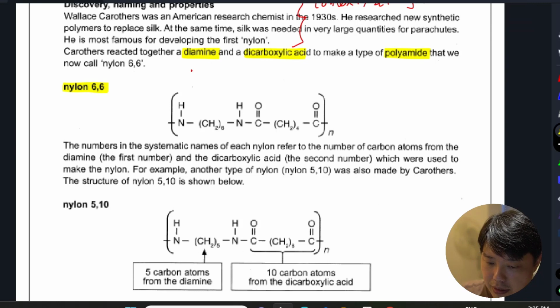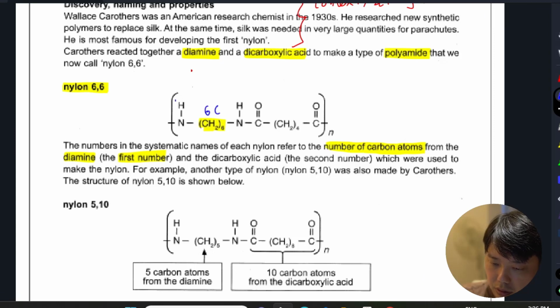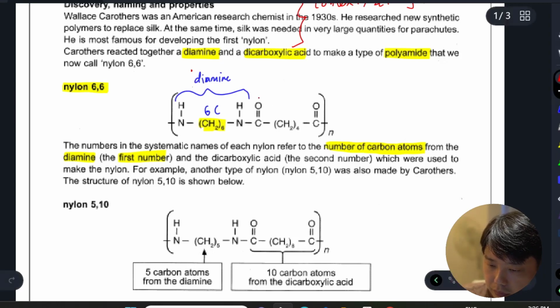In the systematic name, the first number refers to the number of carbon atoms from the diamine, which is this part here. There are 6 carbons involved in the diamine part.